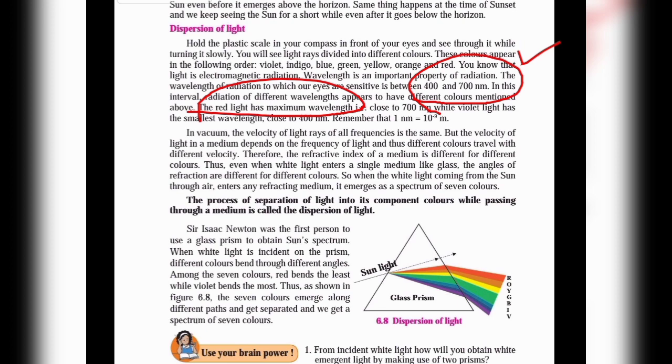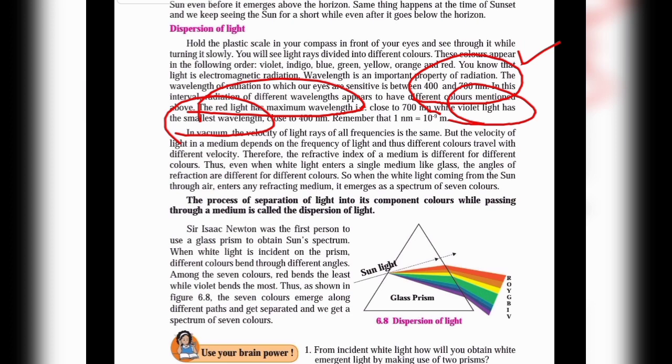The red light has maximum wavelength, close to 700 nanometer, while violet light has the smallest wavelength, close to 400 nanometer.